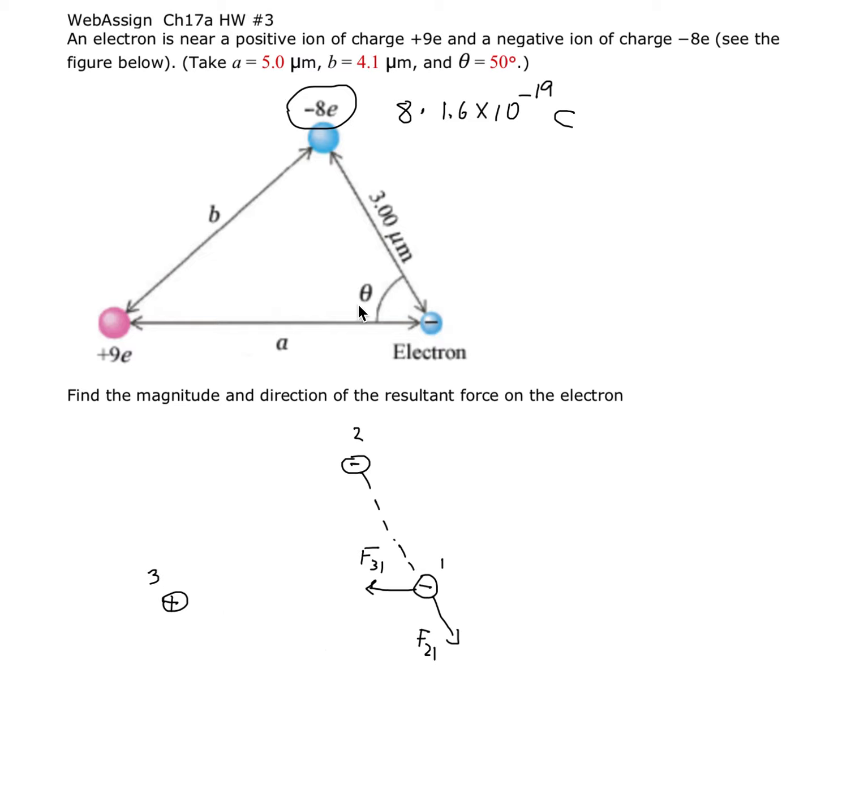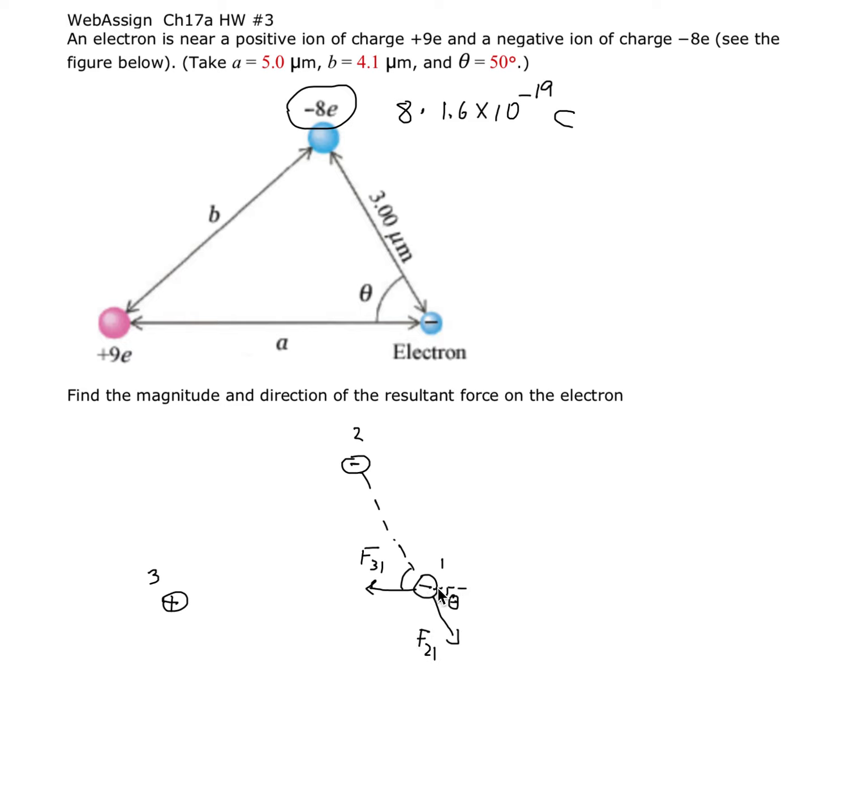So we are given this angle theta right here, which is this angle right here. If we extend this horizontal line over here, then we can see that these are alternate interior angles. So we know theta for this angle right here. The reason this is useful is because whenever we have a diagonal force, we need to find the components. So let's draw the components of F21. How do we get from here to here?